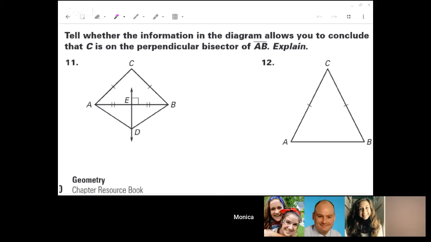Okay, Isabel, for number 11, you're supposed to tell whether the information in the diagram allows you to conclude that C is on the perpendicular bisector of AB. So if we look back at the theorems in the section, look at the one that says, if a point is on the perpendicular bisector of a segment, then it is equidistant from the endpoints of the segment. So do we know that point C is equidistant from the endpoints of our segment AB?